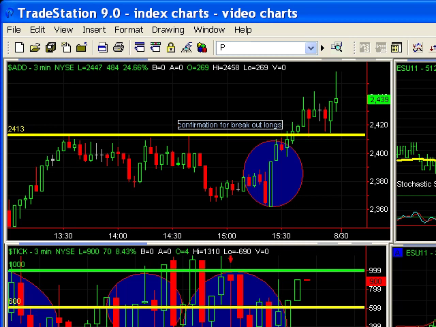The second thing is tape reading. Just real quick, because it's not really the scope of tonight's video. When you're watching the tape, I want you to separate and filter your tape, with trades of 50 or more contracts in one window and 50 or less in another.